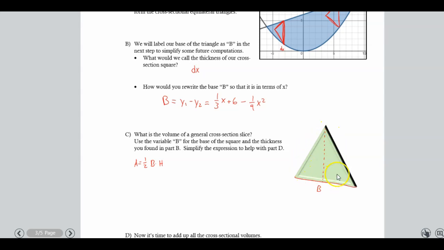So looking at an equilateral triangle, if I drop that height, we have a couple things we can think about here. One is that inside, this is just going to be half the base, right? This diagonal length, since it's equilateral, is also b right there. And then there's two ways you can think about it. One is I can use some trig. This would be 30 degrees right here.